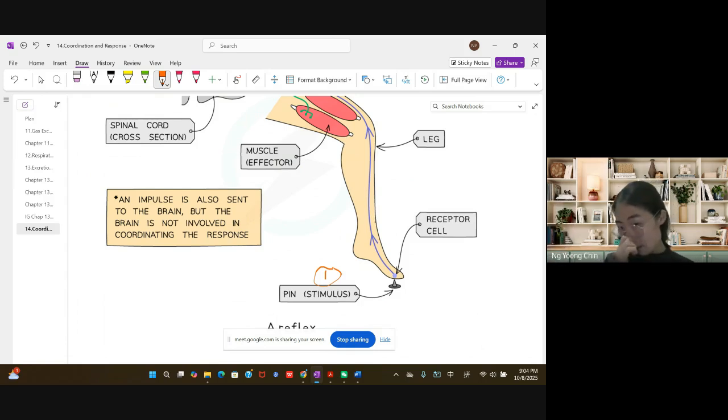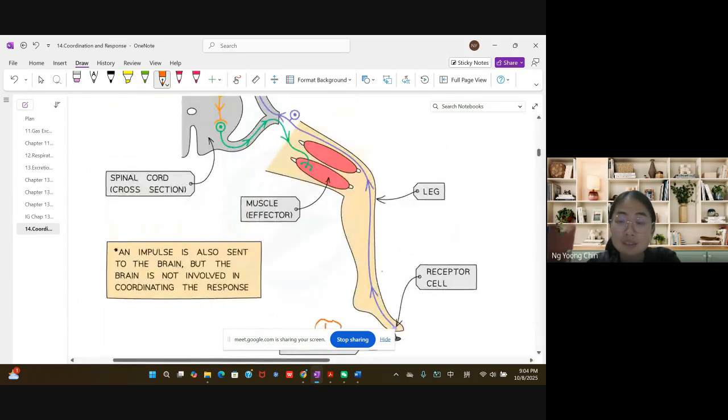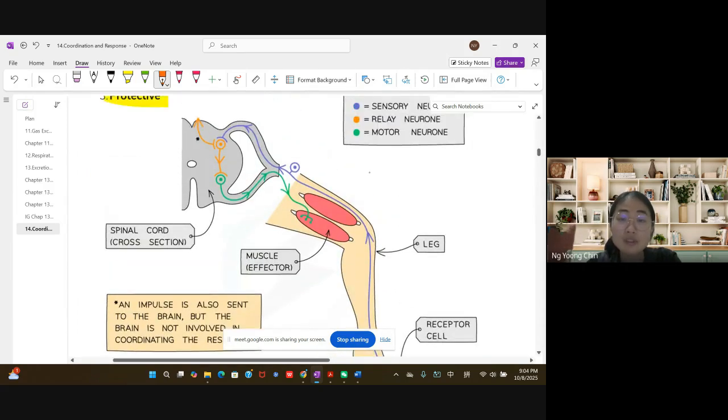In this case, there will be a pain stimulus. The information is transported by the receptor cell towards the brain, but it will get into the spinal cord first.